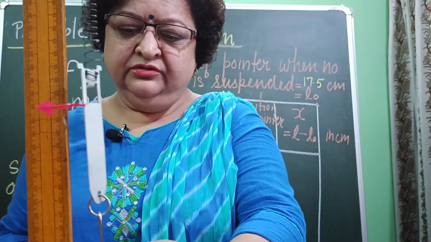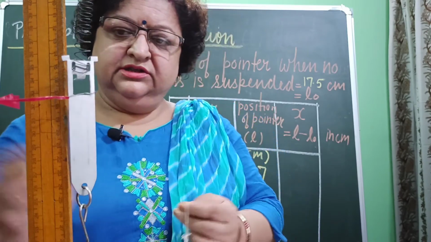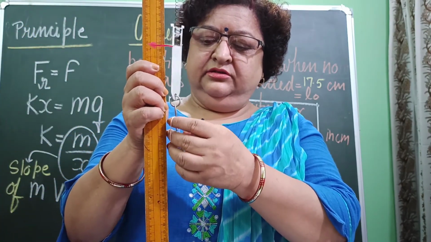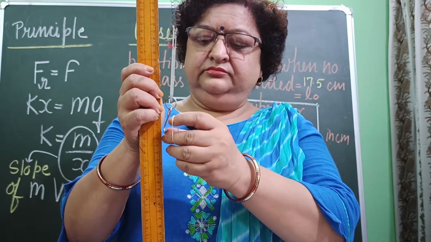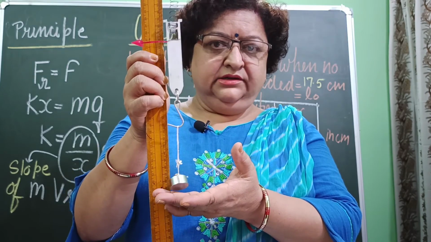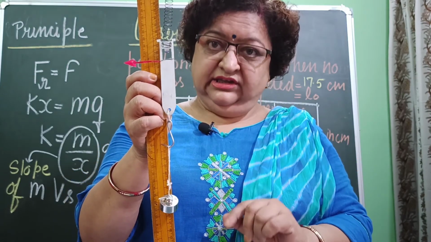So I'll remove these 20 gram weights and I'll suspend this 40 gram weight with the hanger. Right? And now I am going to focus the camera on the scale.